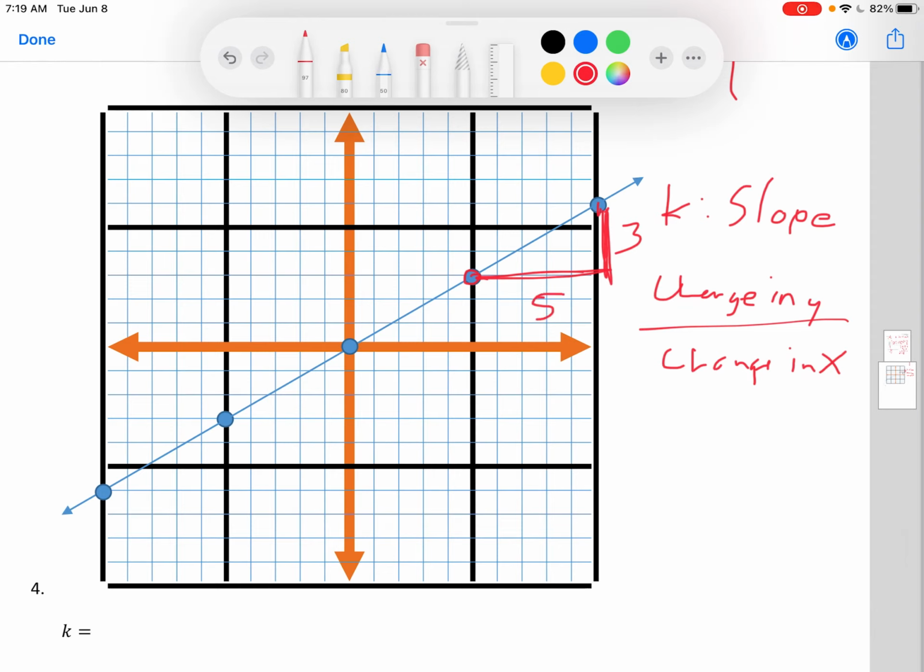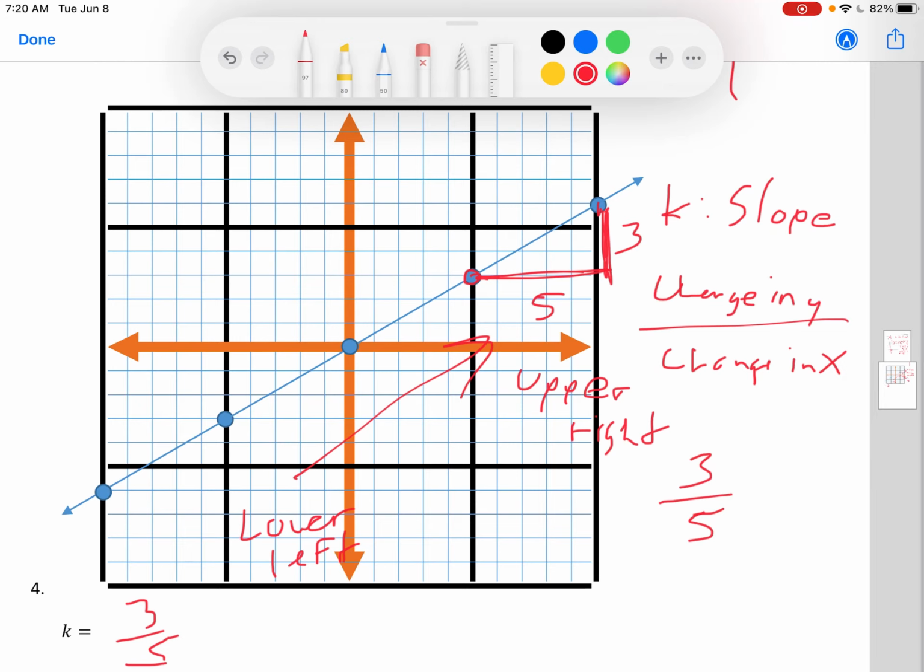So the change in y is 3, and the change in x is 5. It is 3/5. Now, is it positive 3/5 or negative 3/5? Well, this is a positive slope going up from the lower left to the upper right. So it is a positive slope, so k is positive 3/5.